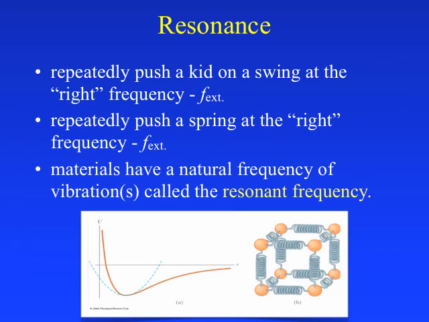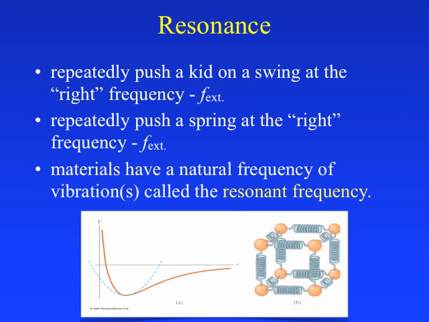Now, materials have a natural frequency of vibration. Why? Because materials are made up of atoms and molecules, and atoms and molecules, as we started with, vibrate. At different temperatures, atoms and molecules vibrate more or less, and they vibrate as if they're on springs. The electrical attraction makes them vibrate, and therefore atoms and molecules have different springs, different bonds, different electrical attractions, depending on what atoms and molecules they are.